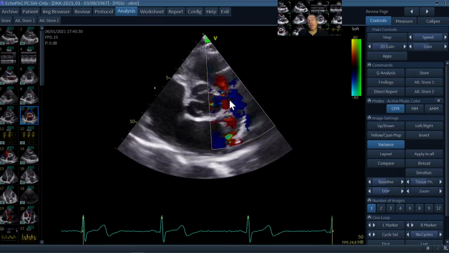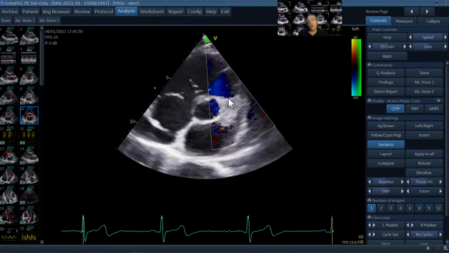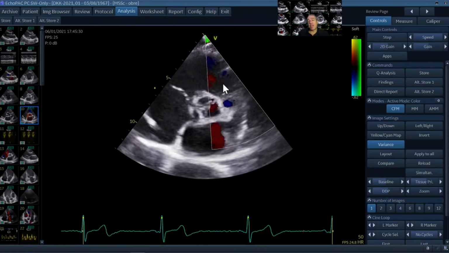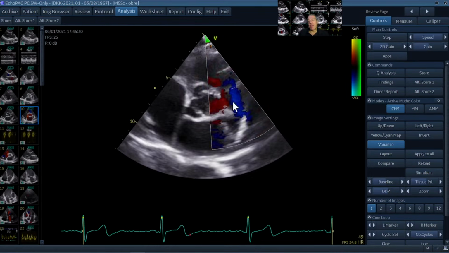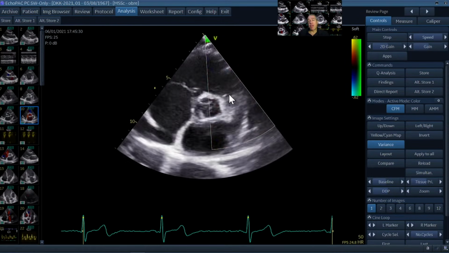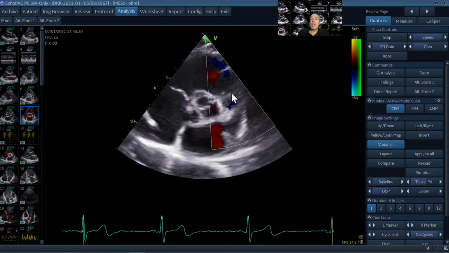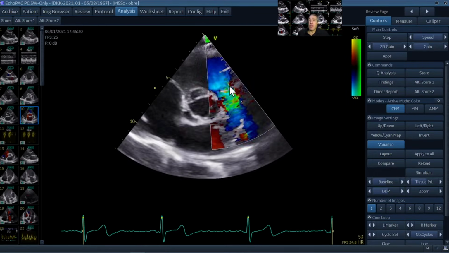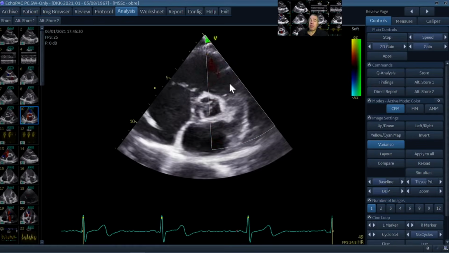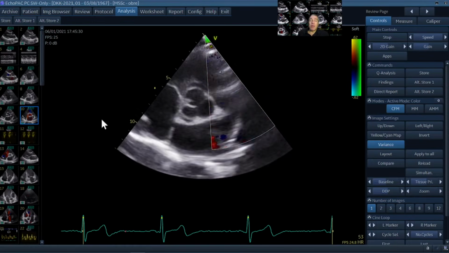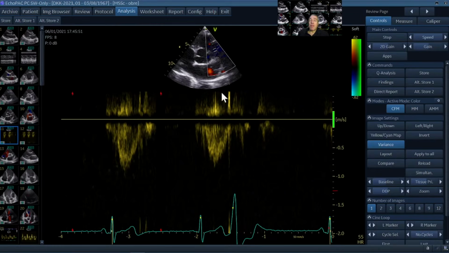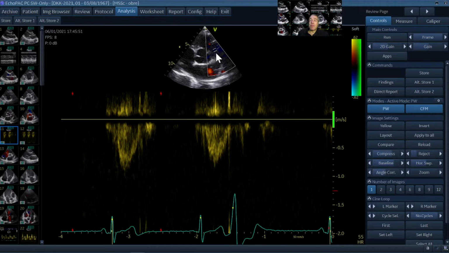Here I activated the color Doppler more across the pulmonary valve. You see the outflow here of the pulmonary valve, and even if you're not able to visualize the pulmonary valve completely, you will be able to activate the Doppler. And here I activated a pulsed wave Doppler sample and put it across on the level of the pulmonary valve.